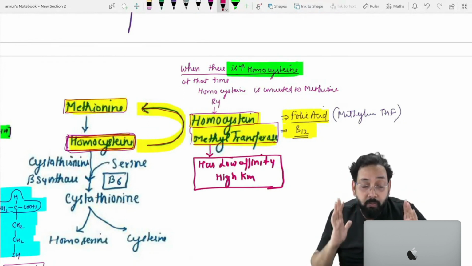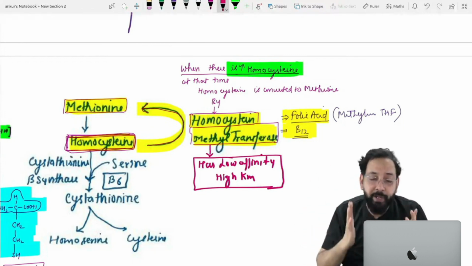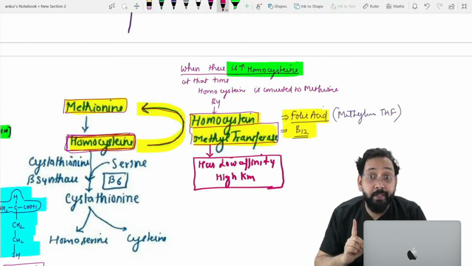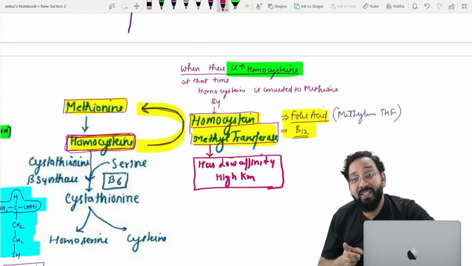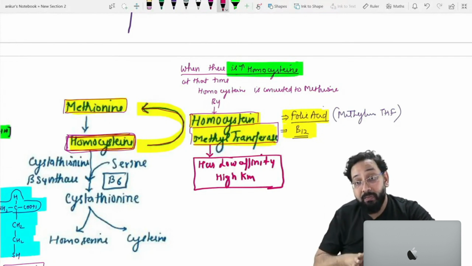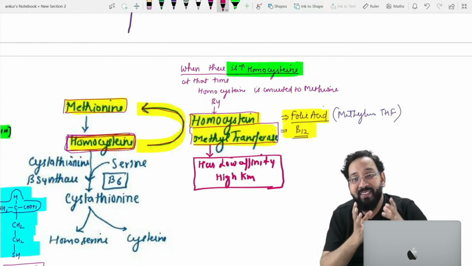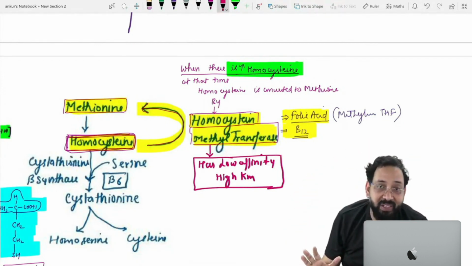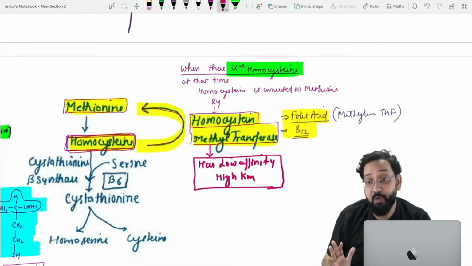It will convert homocysteine to methionine only when blood homocysteine is high, not normally. So methionine should normally come in the diet. But if more and more homocysteine accumulates in our body, this extra homocysteine will be converted back to methionine by homocysteine methyl transferase.